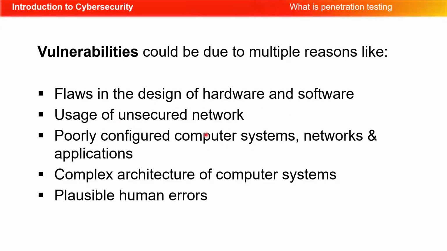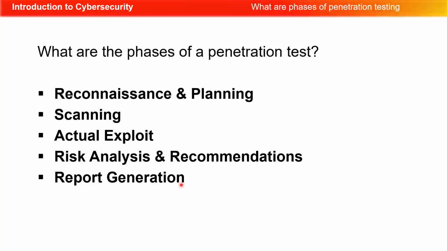Maybe it's a Wi-Fi that is not secure, does not have a password, or the password is well known. Poorly configured computing systems and network applications. Complex architecture of computing systems, and also human error. It also could be out-of-date operating systems, out-of-date applications.